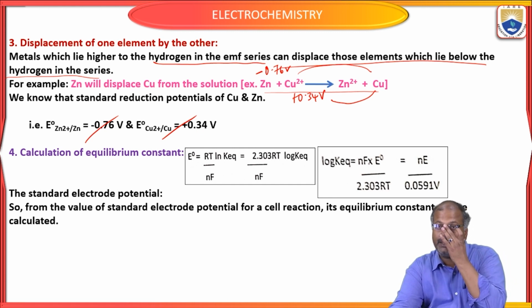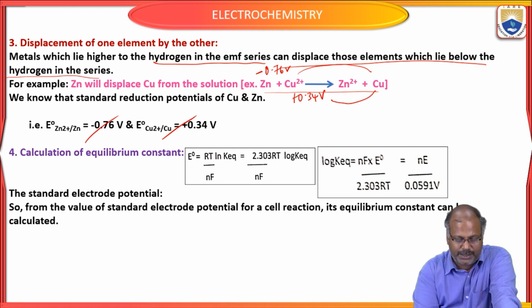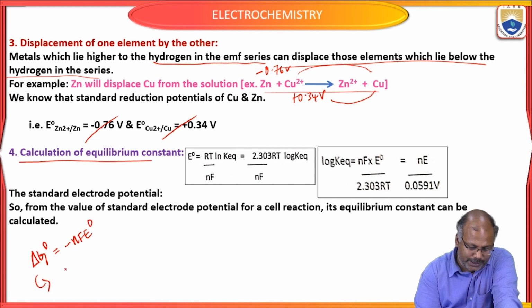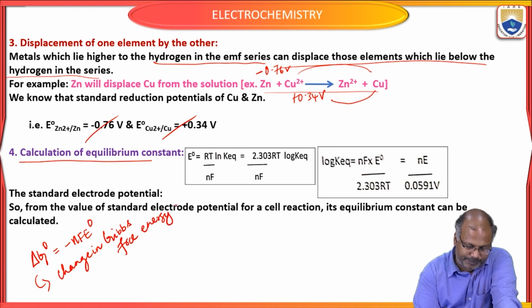So the next application of EMF is calculation of the equilibrium constant. We know that delta G naught is equal to minus nFE naught, where delta G naught is the change in Gibbs free energy.